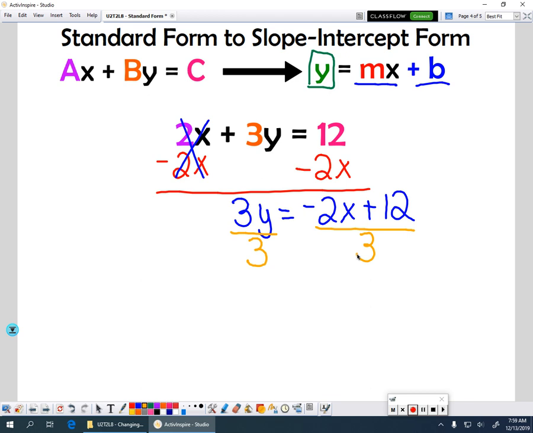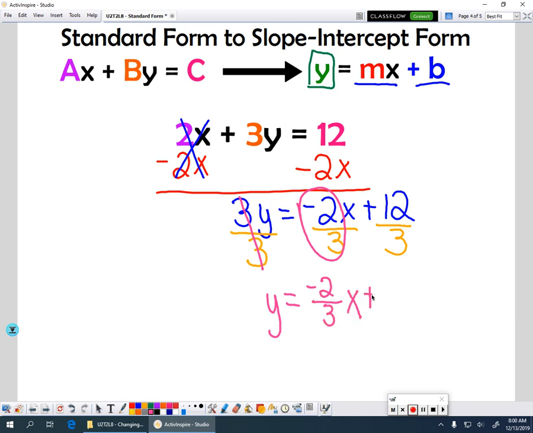And this is where things get tricky, because on the right we have two terms. So the way I typically write this is I divide each term by 3, so I won't accidentally forget one of those divisions. So 3 divided by 3 leaves me with just a y on this side. Now, this can't be simplified, that's okay. I'm going to leave it negative 2/3 x.